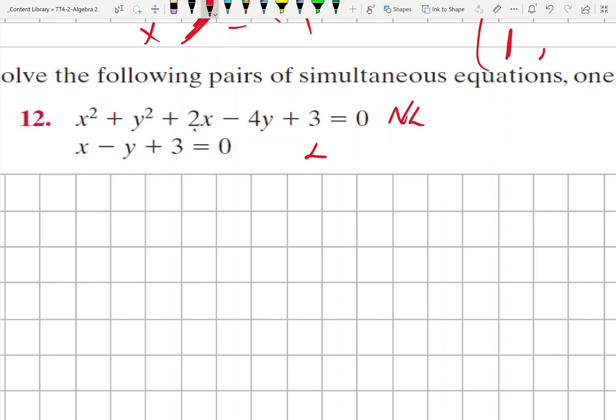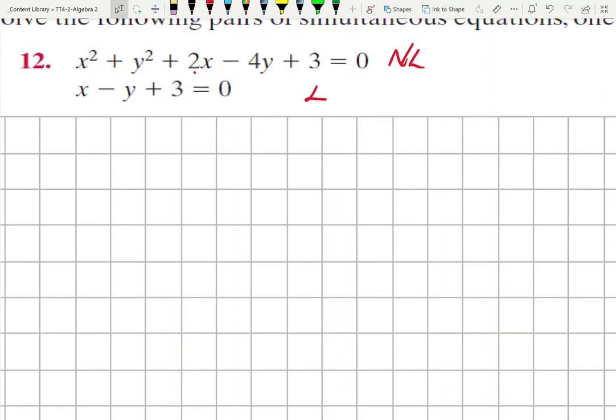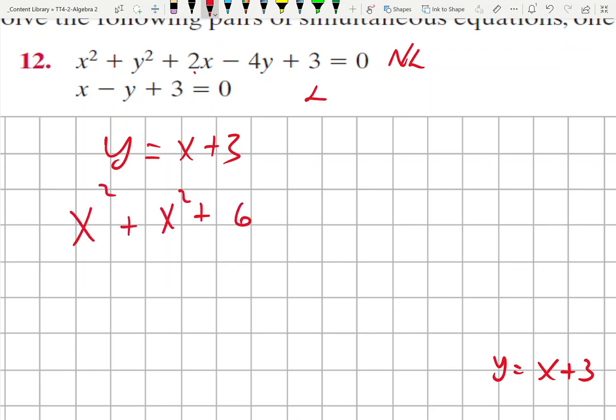y is x plus 3. Sub it. I'm here now. I'm taking 4 of them. I'm taking 4x with a distribution of 4.